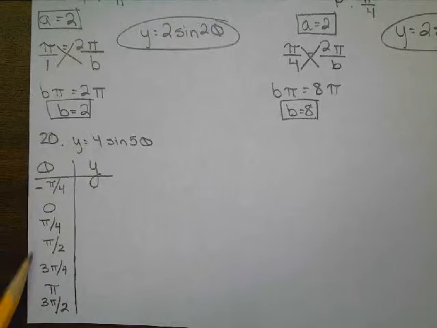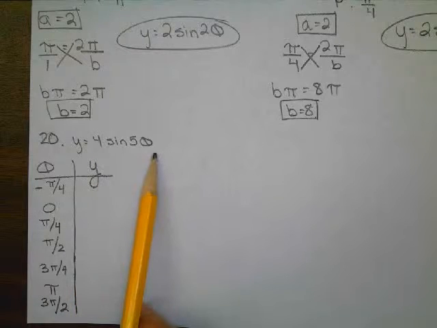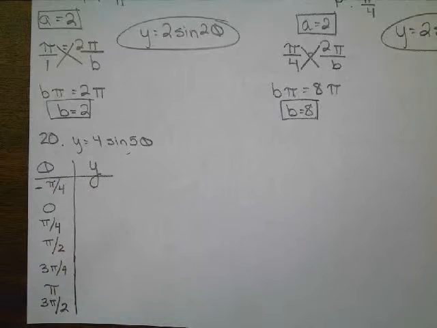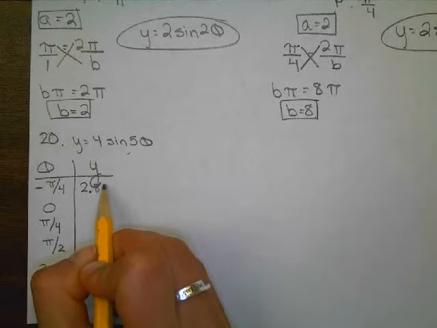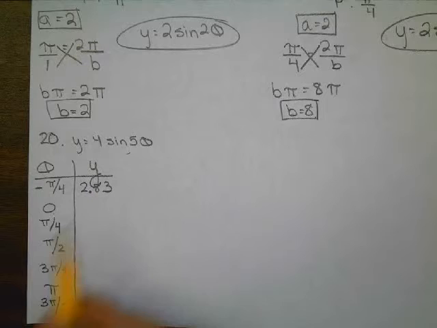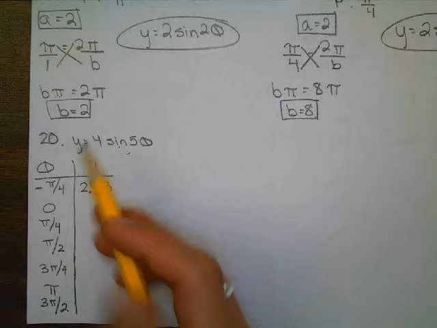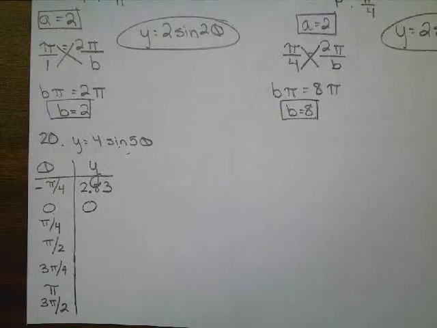Now what I'm going to do, since I've picked those points for my radians, I just plug it into my formula here and figure out what y is. So the first one, make sure you're in radian mode, I'll do 4 sine 5 times negative pi over 4. You should get 2.83. Then 0. So you'll take 4 sine of 5 times 0, which is just 0. And then we'll do pi over 4.